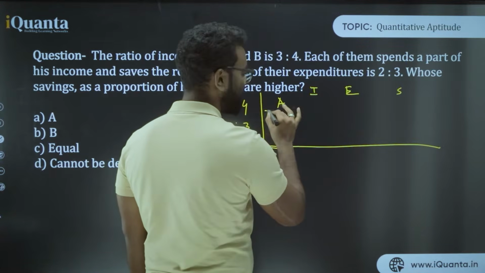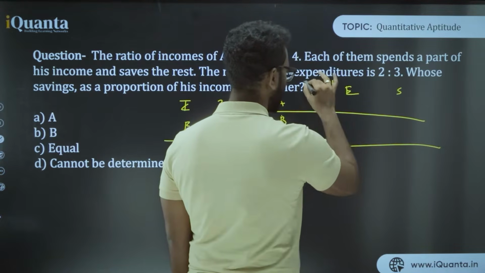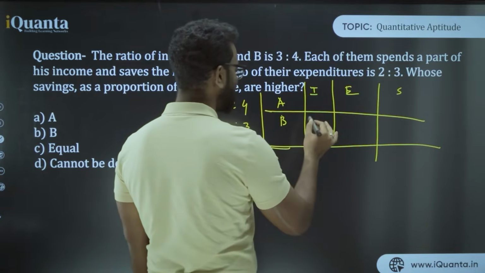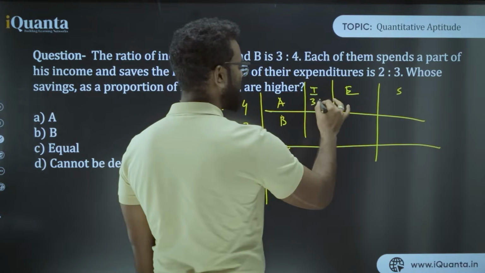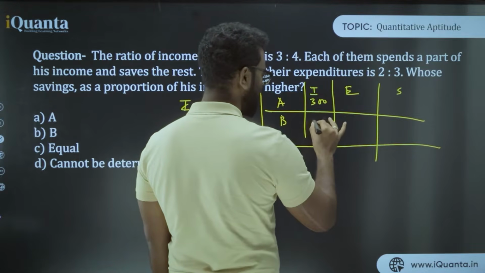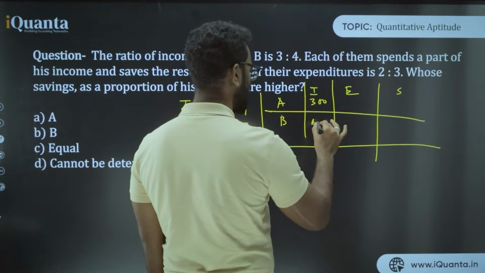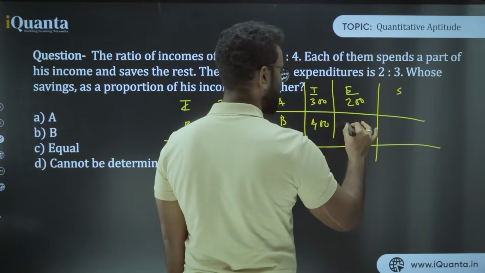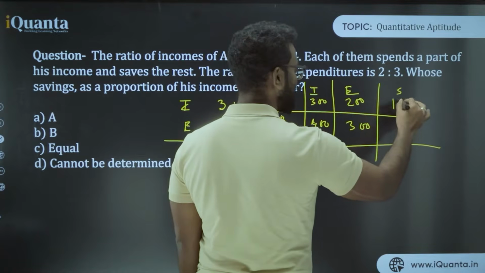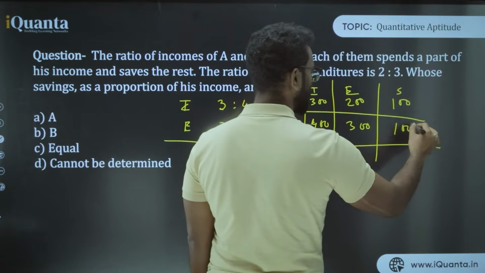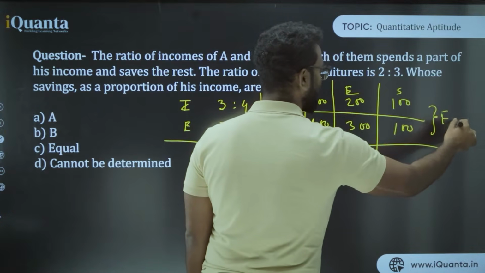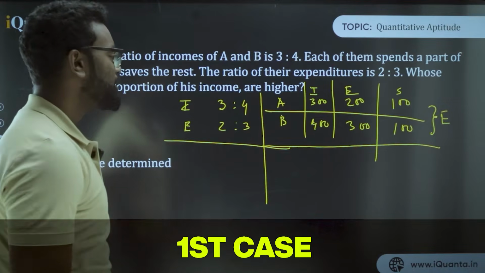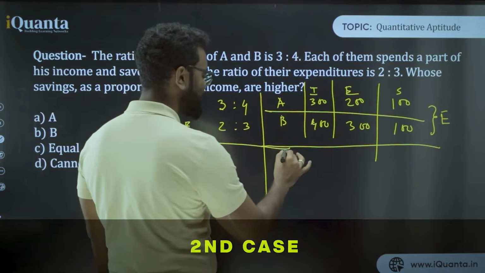In the first case, A is 300, then B has to be 400. The expense I can say is 200 and 300, and the saving is 100 and 100, which is basically both are equal, right? This is the first case.